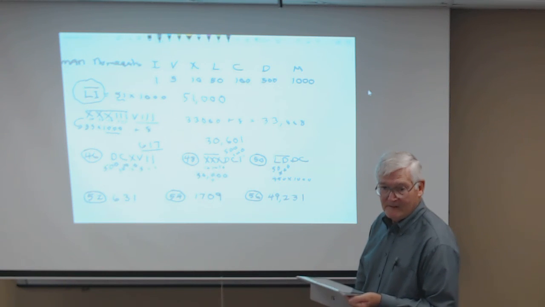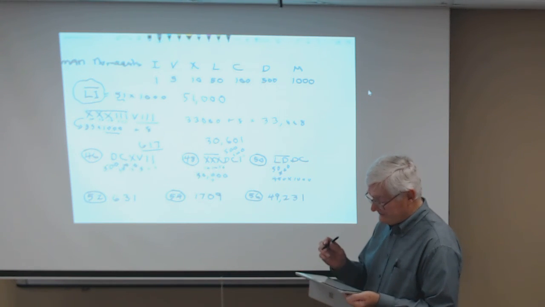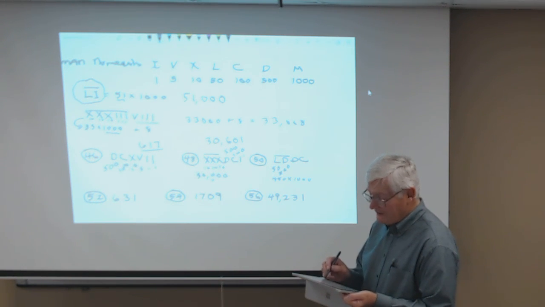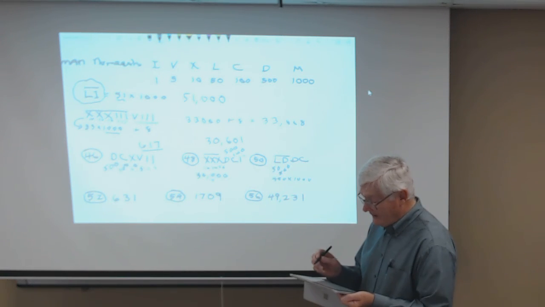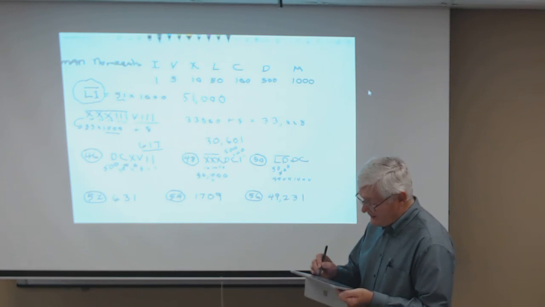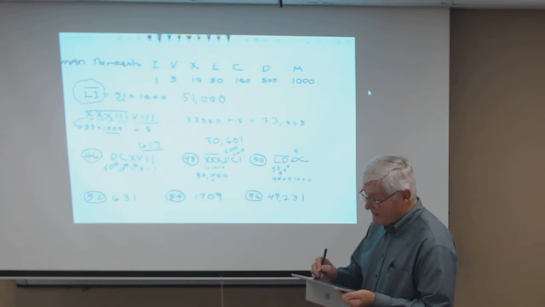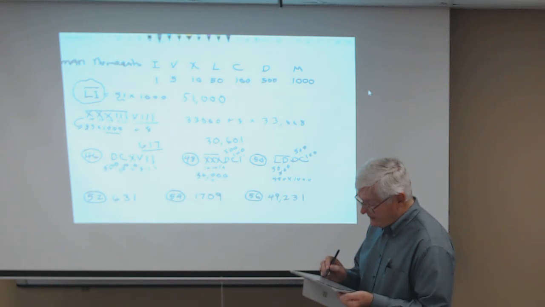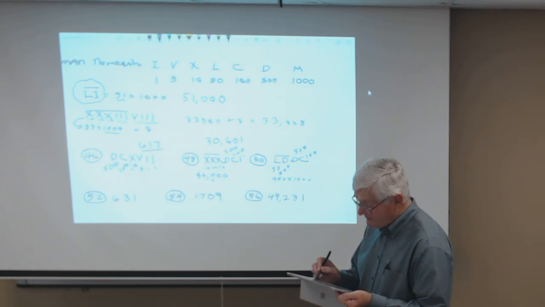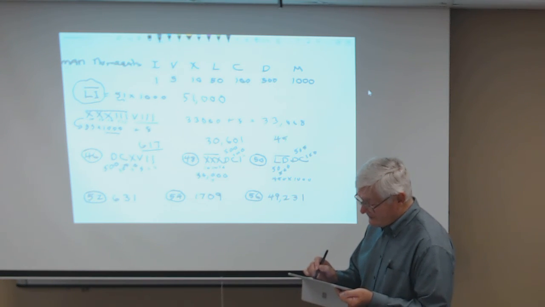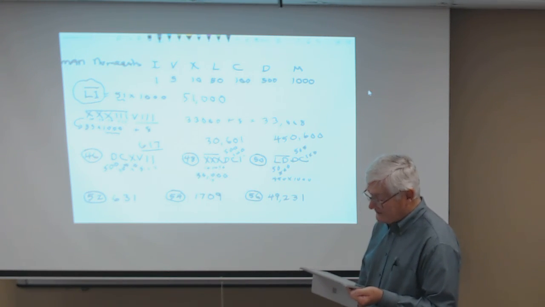Okay? And you always treat the stuff with a bar as like a separate number. Then you come over here and look at, here's D is 500 and C is 100. So that would be 450,000, and then what? 600. 450,000 and 600.